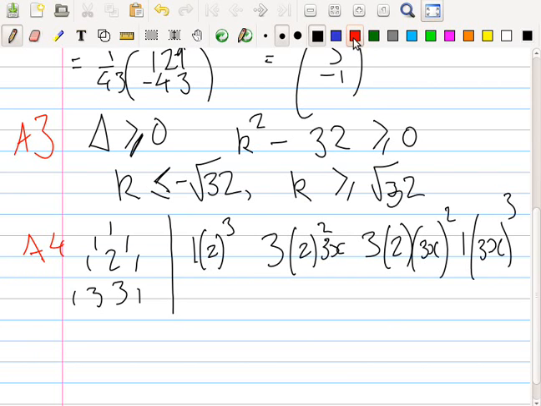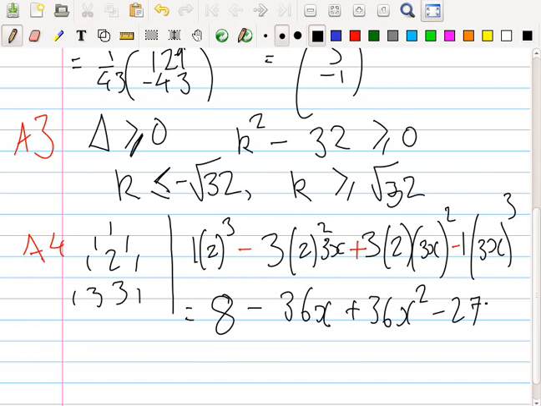And my signs, negative, positive, negative. Okay, which equals 8 minus 9 times 4, 36x, plus 36x squared minus 27x cubed.